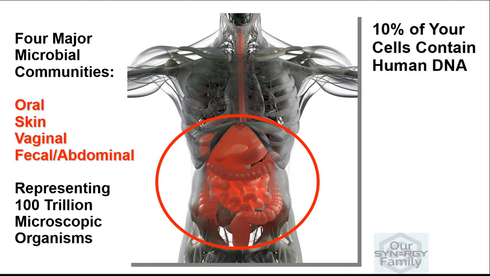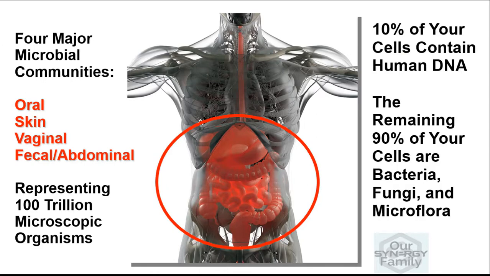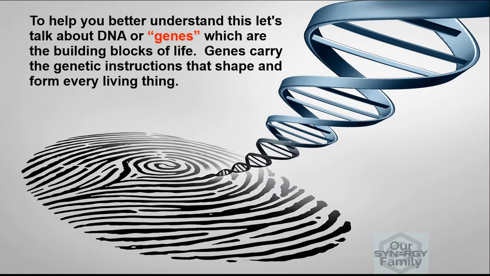This means that 10% of your cells contain human DNA. The remaining 90% of your cells are some combination of bacteria, fungi, and microflora. To help you better understand this, let's talk about DNA, or genes, which are the building blocks of life. Genes carry the genetic instructions that help shape and form every living thing.